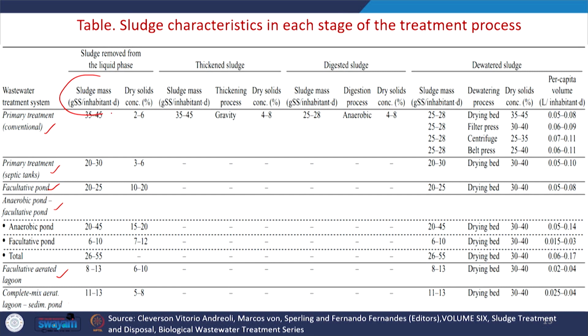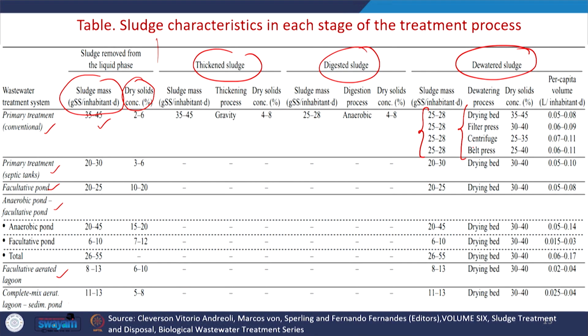The sludge mass in gram SS per inhabitant per day and its dry solid concentration is given in the first column. Then if we go for thickened sludge or digested sludge, how much variation takes place. Finally, the dewatered sludge is obtained. So, if the sludge mass is 35 to 45 gram SS, then the sludge mass after the dewatered stage will be around 25 to 28.